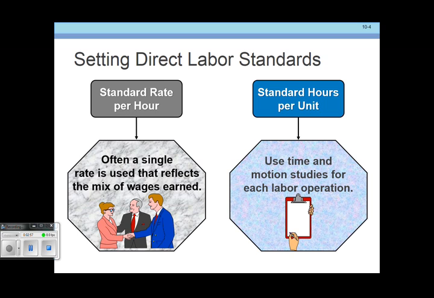He was trying to come up with how many minutes it takes to review a death claim, or how long it takes to review an insurance application to decide if you wanted to provide that company with insurance. So for direct labor, we're going to have a standard rate and some sort of standard hours or units.